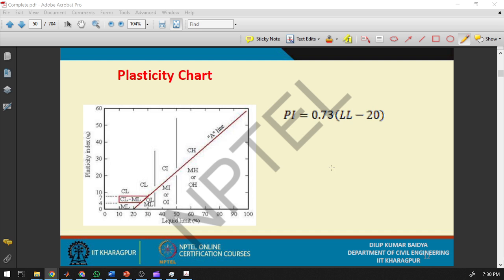Maybe the tests in themselves will not have any significance, but compared to soil alone, they give you a comparison of the behavior of the soil when blended with other materials.